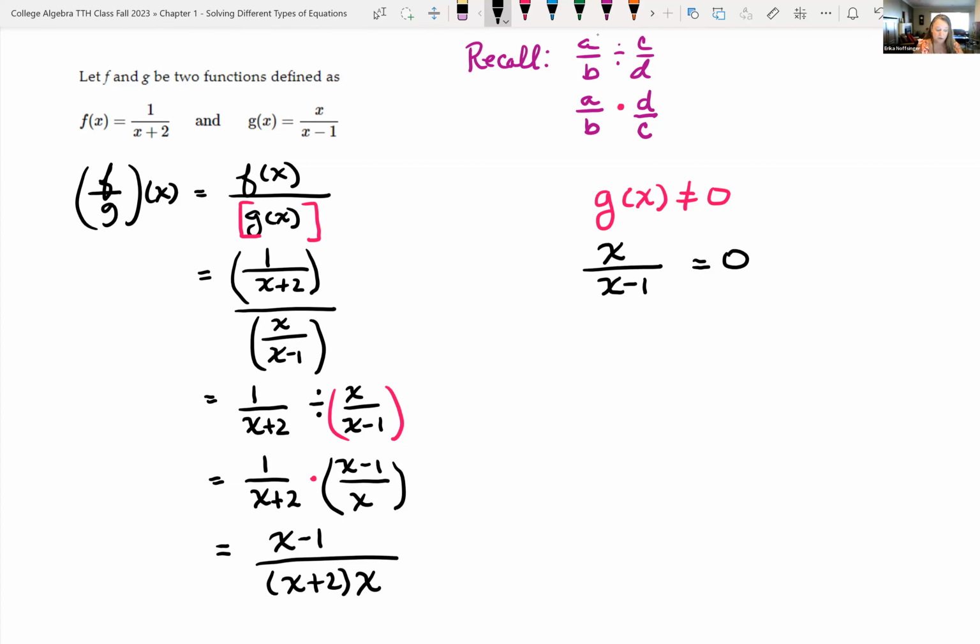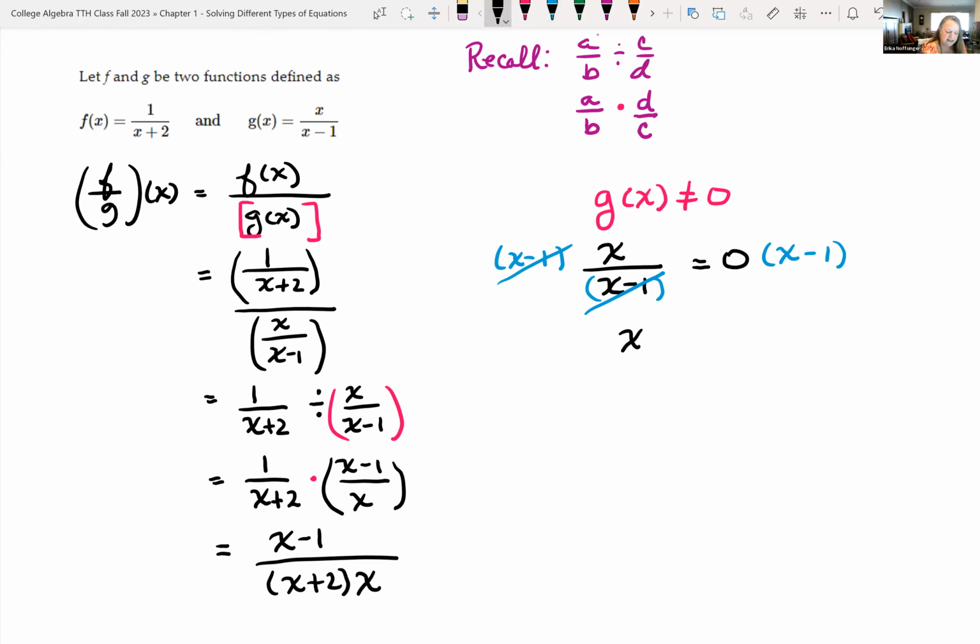Okay, so we've dealt with solving rational equations earlier in the semester. And so we can solve an equation that has a fraction by clearing the fraction and multiplying through by our common denominator, which is just x minus 1. The x minus 1s are going to cancel.